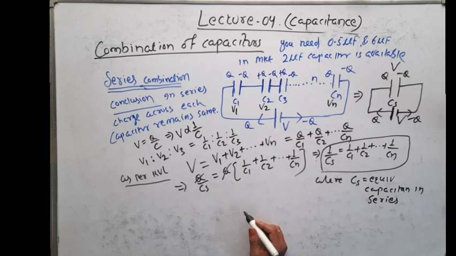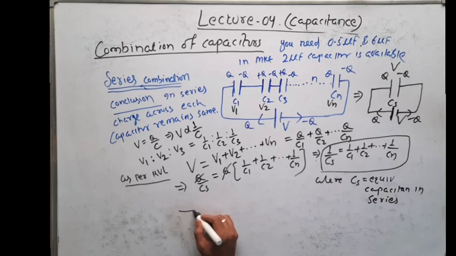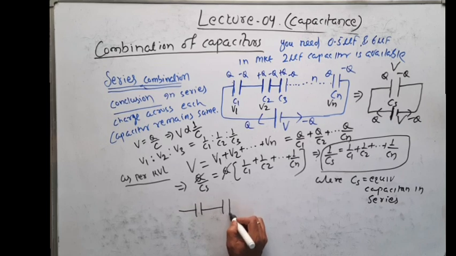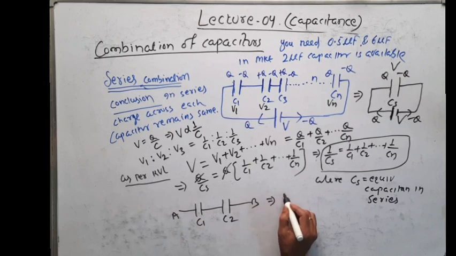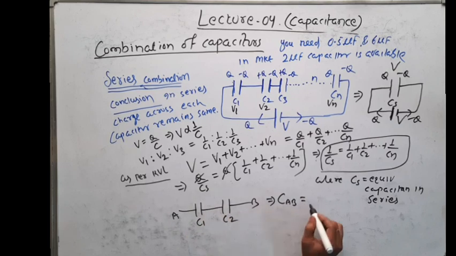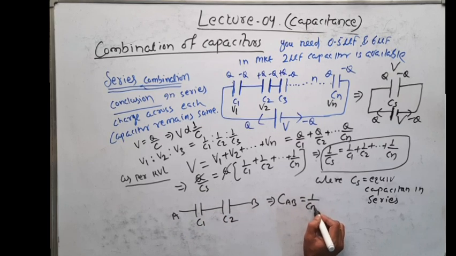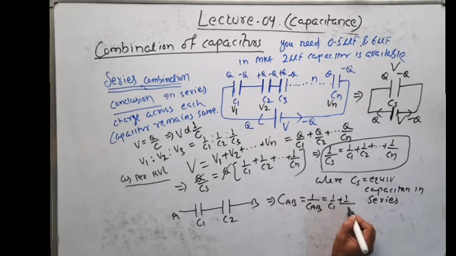So now let us suppose there are two capacitors. This is C1, this is C2. This is connected across A and B. So I have to find the equivalent capacitance across A and B. It is a series connection. So I can write 1 by C equivalent is equal to 1 by C1 plus 1 by C2.